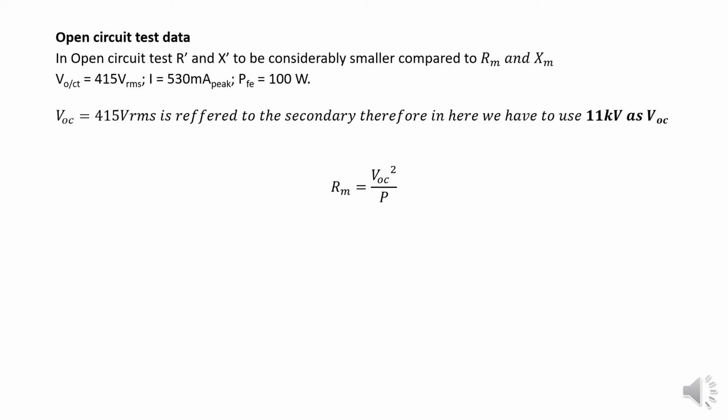So when Rm and Xm are in parallel and you are given the power value P, you are going to use the voltage value to calculate the resistance. So Rm is equal to V open circuit squared divided by capital P.